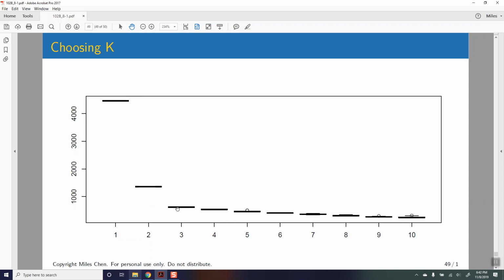When I add a third, it drops down even more. Every time I add more clusters, of course, the leftover variation gets reduced. But the gains from 3 to 4 and 4 to 5 and so forth are much smaller. And when you have 10 clusters, you actually get some unusual observations, so sometimes the clustering ends up a little bit off.